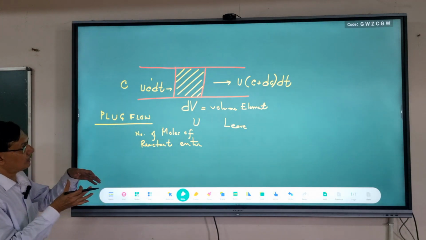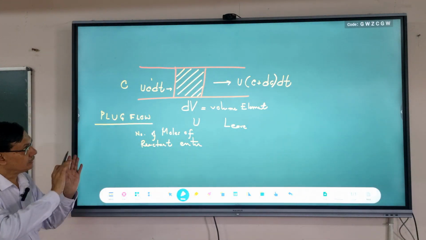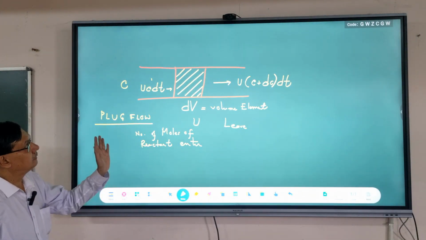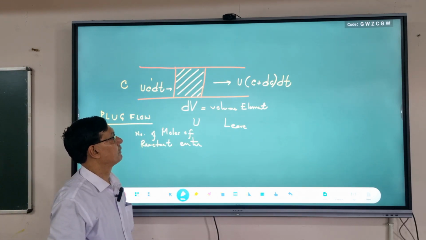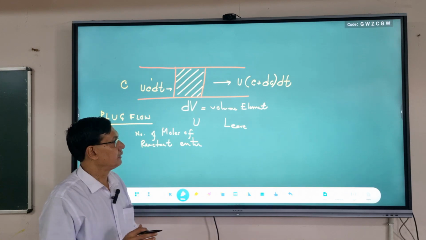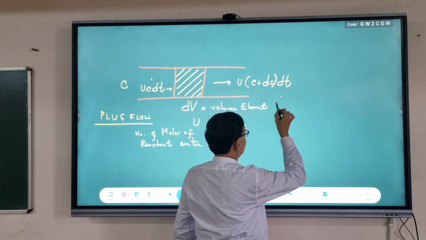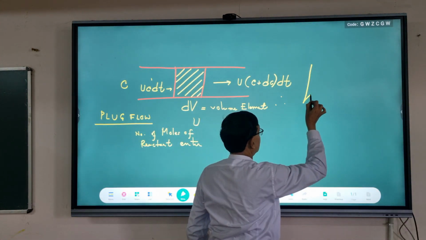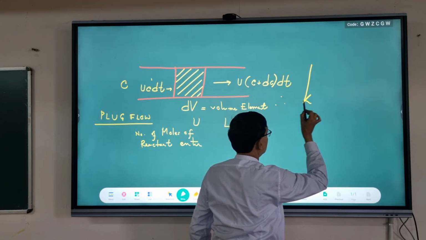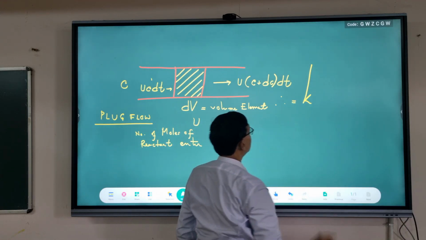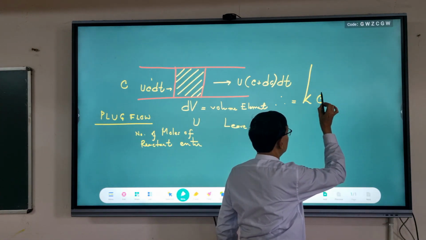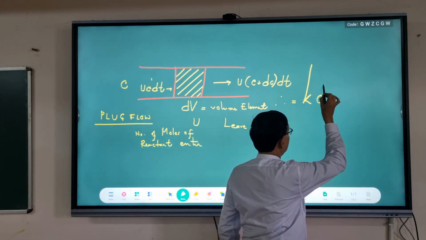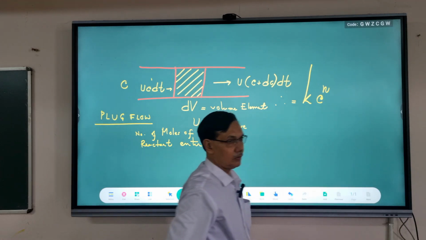So one is the number of moles of the reactant that enter. There is a change in volume element, and the number of moles of the reactant that leave in this section. This is one condition. Now, if I want to calculate the rate constant, the rate is equal to k C^n, the normal case.